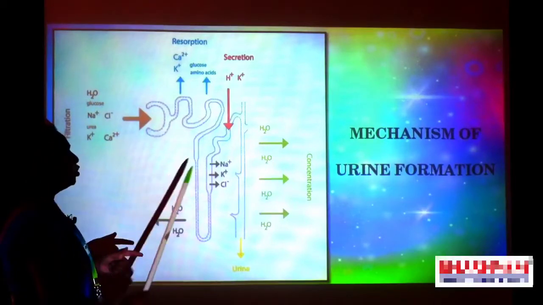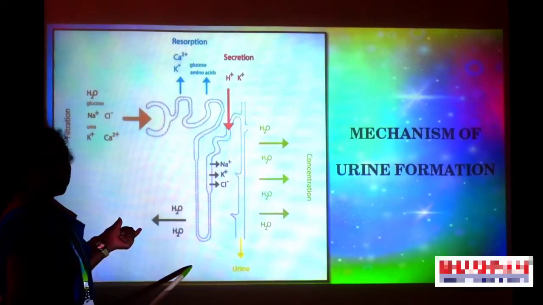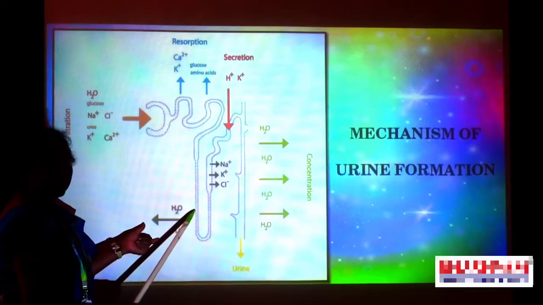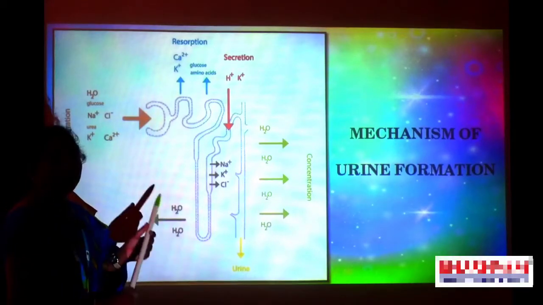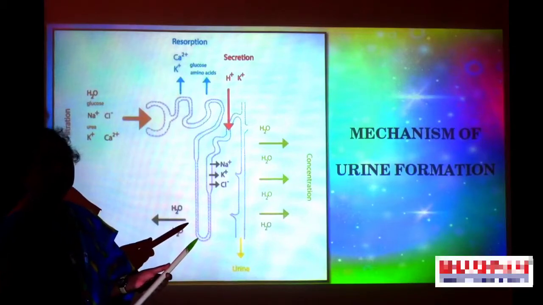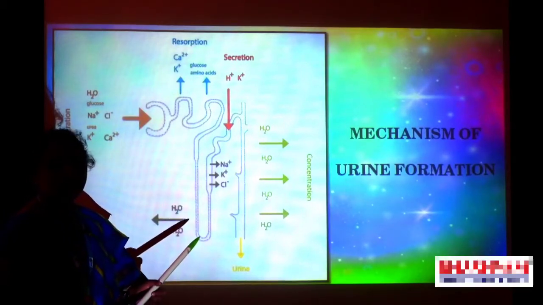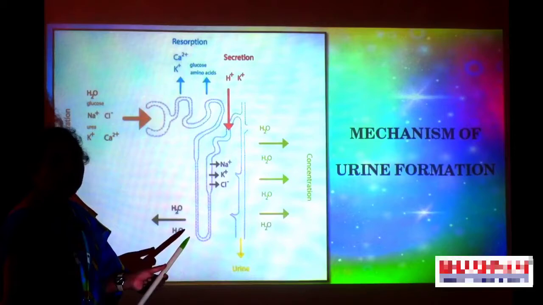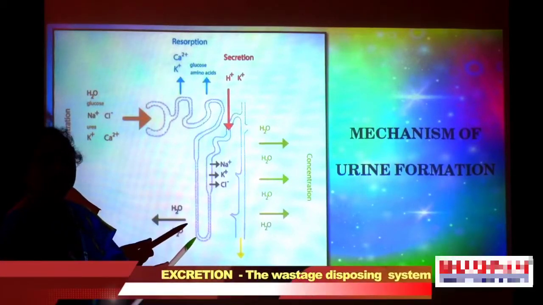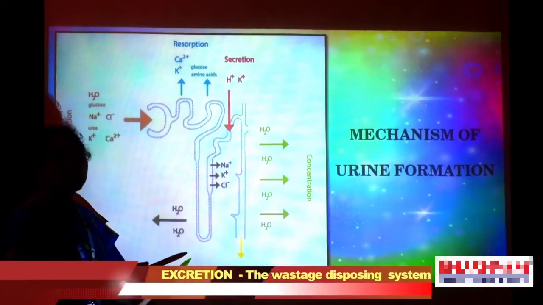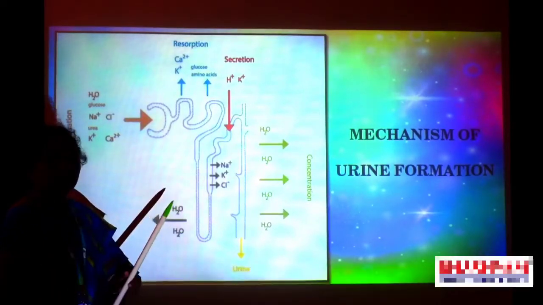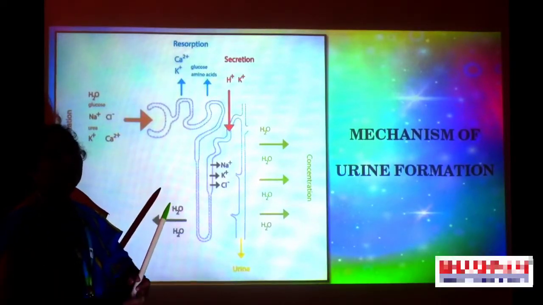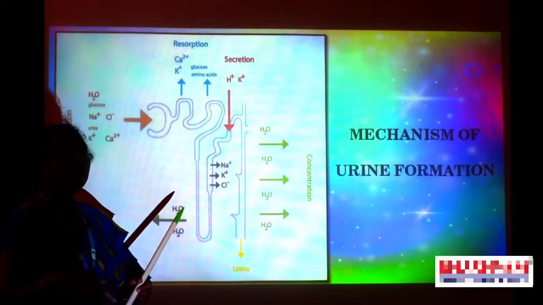Clear now? So after tubular reabsorption, here in the loop of Henle and vasa recta, what mechanism are they going to maintain? The counter current mechanism. This helps the water flow easily to the next step, and it makes the urine concentration more and more.